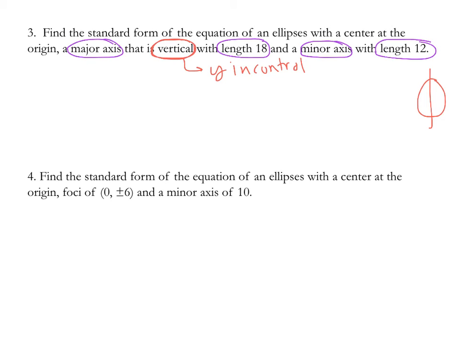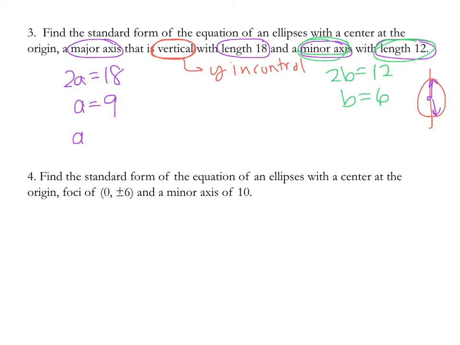Then we just have to set up the equation for the major axis. The major axis is all the way across, so it's going in both directions, a. So you have to do 2a is equal to 18 to find what a is. a is 9. And then for this minor axis, that's going to tell you that 2b equals 12, that twice moving in both directions is 12, which means b equals 6.